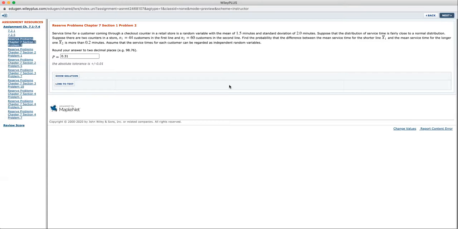Then the difference of the two sample means, x bar 1 and x bar 2, is normally distributed. That's what we learned in the last part of the previous section.